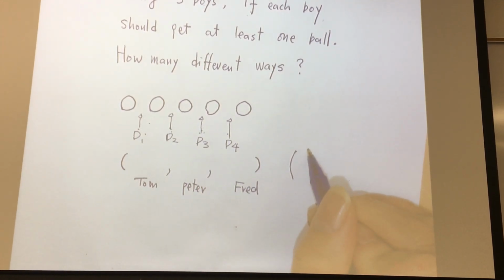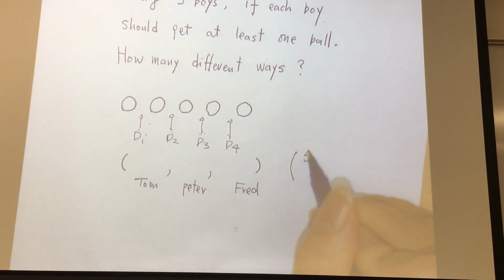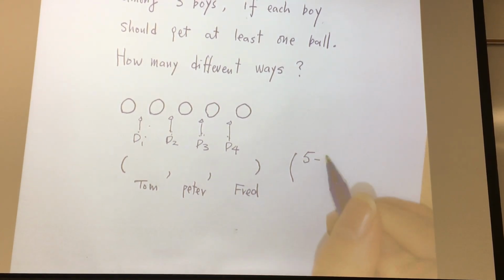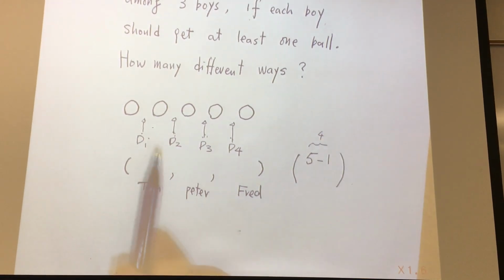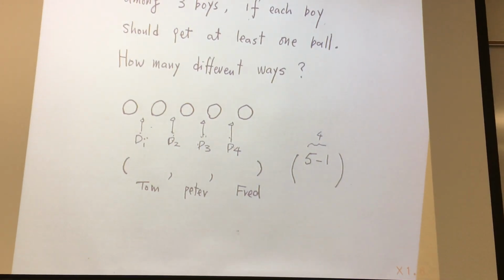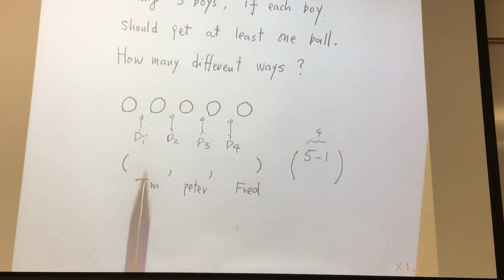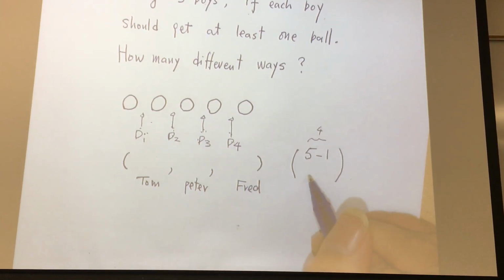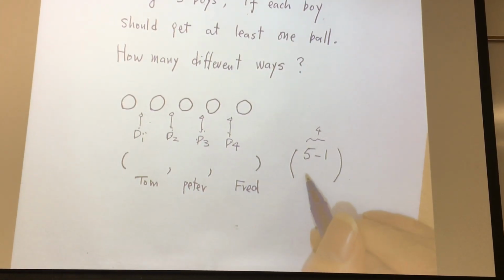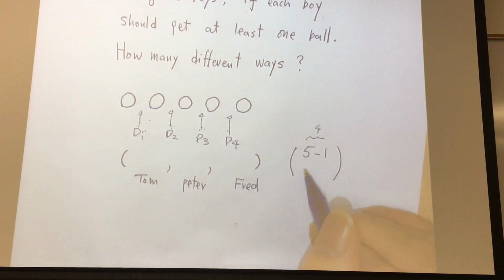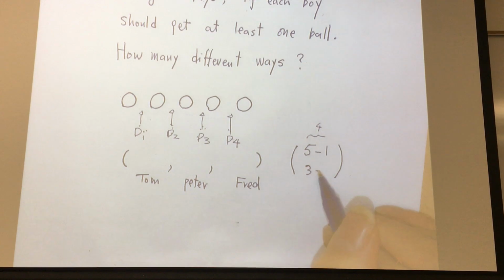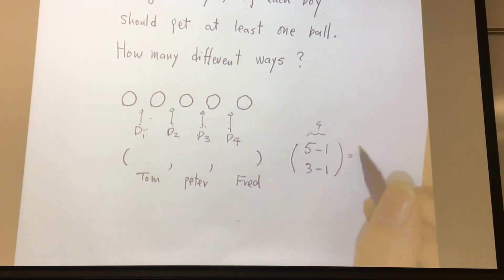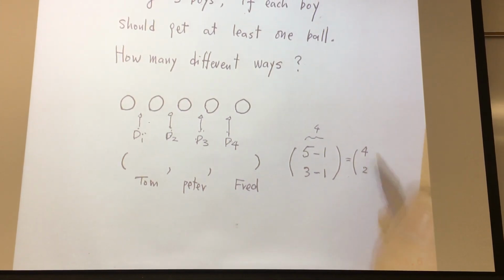Where is 4 coming from? 4 comes from the 5 balls, which determine the 4 dividers. And I want to choose 2 of them. Where is the 2 coming from? Well, I have 3 boys, 3 piles, and I choose 3 minus 1. So from 4, I choose 2.